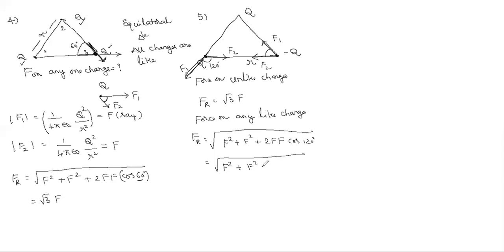F square comes, sir? Yeah, good. F comes. That is F resultant is equal to F. Okay, magnitude is exactly equal to F of each force. Am I right, Nana? This is the force on like charge. So I think you understood how to calculate.